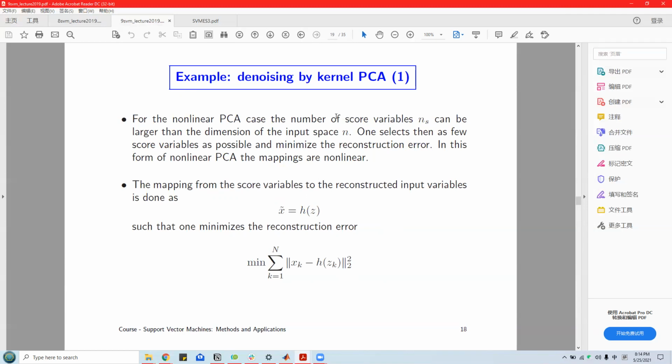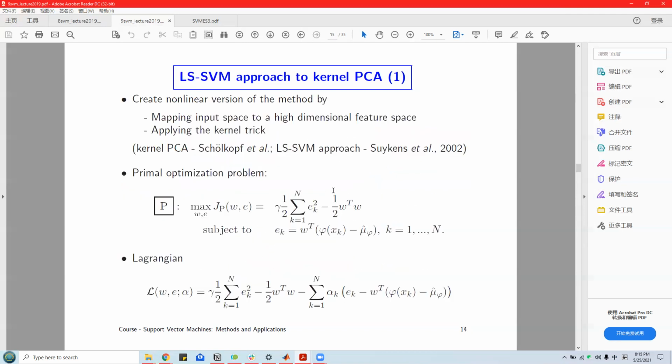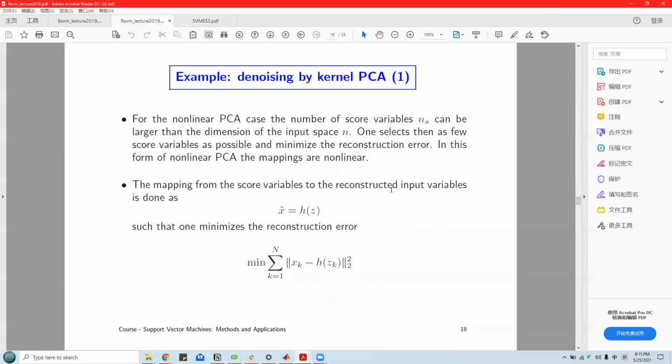So the number of score variables you can obtain is, I would call it, NS, the new dimensional space, and it can be larger than the dimension of your input space. So the number of principal components can be between 0 and NS. But NS depends on your choice of kernel, if I remember. So yeah, that's the difference in how many principal components you can get for both PCAs.